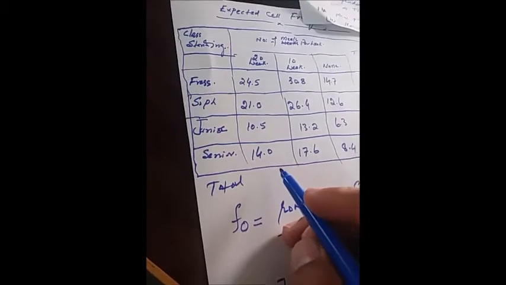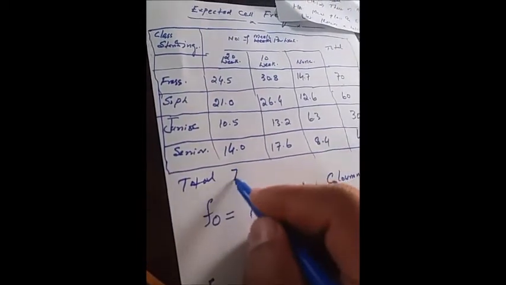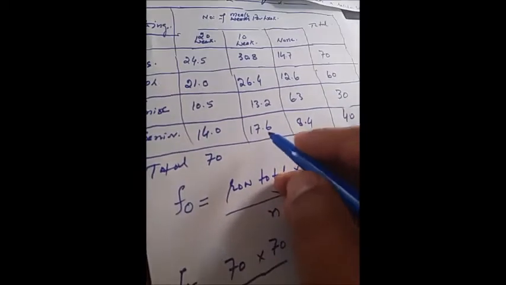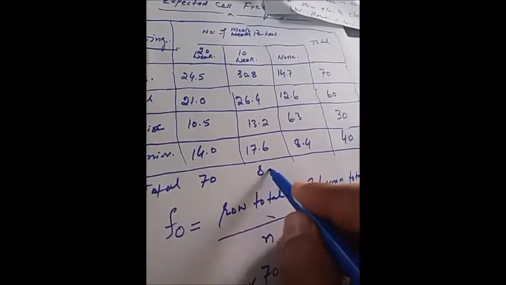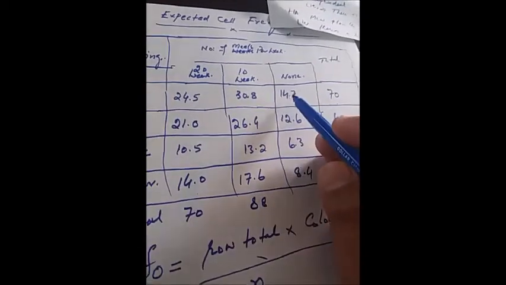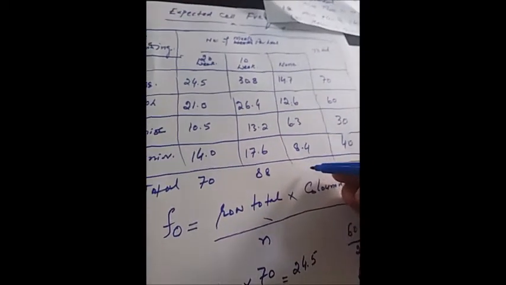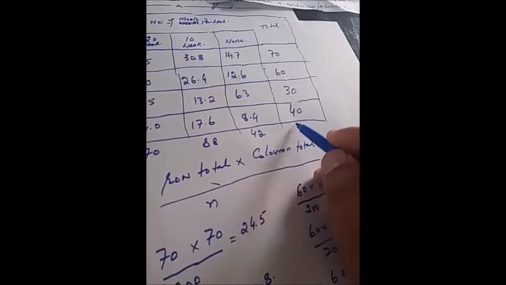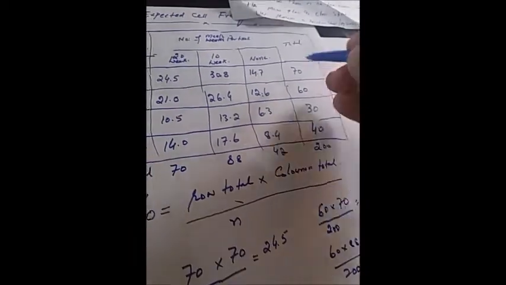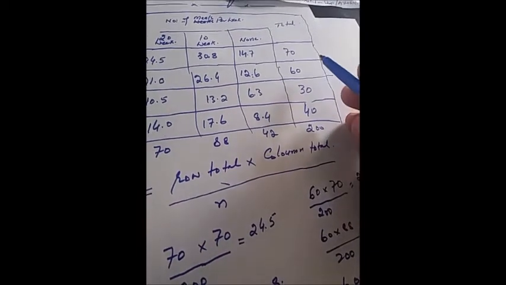Now the column total will be 70, and for 10 weeks the total will be 88, and for none 14.7, 12.6, 6.3, 8.4, the total is 42, and for 200, 70, 60, 30 and 40, the subtotal of this total is 200.